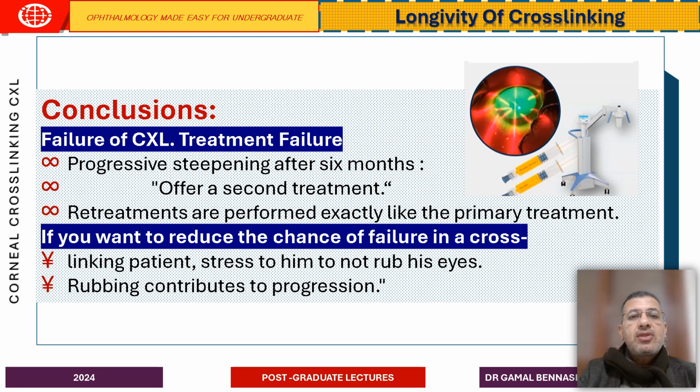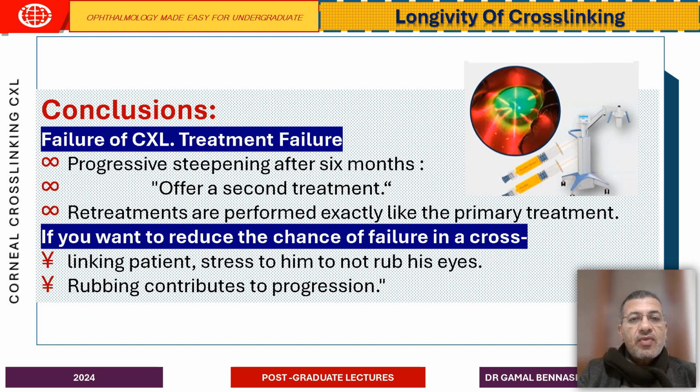This stabilization is due to the cross-linking of the collagen fibers, but after this period, new collagen fibers will be laid down, and nearly new collagen fibers will be present in the cornea by that time. So the cross-linking effect will fade off, and there will be no more stabilization or stiffness in the cornea.